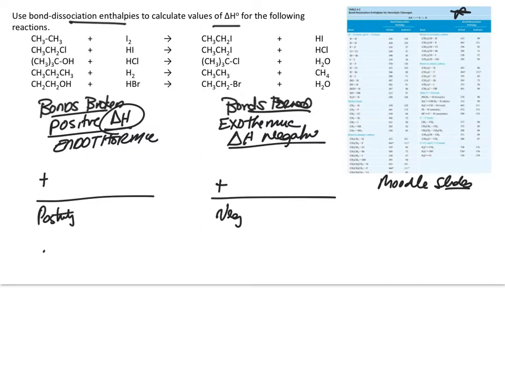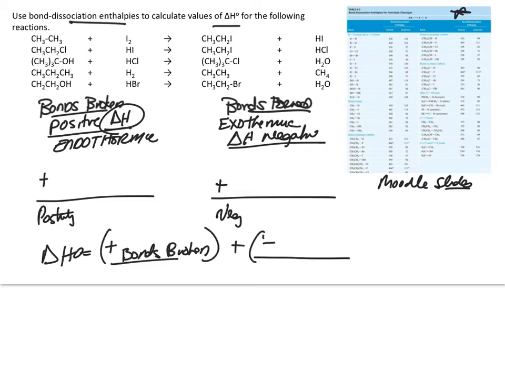And then you're going to add up all your delta H's for your total reaction. And so you're going to have a positive value for bonds broken, and then you're going to add your negative for your bonds formed.